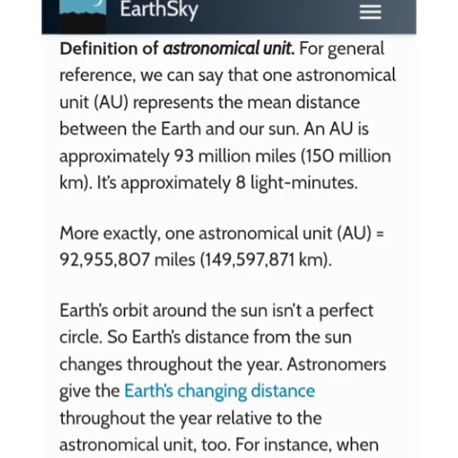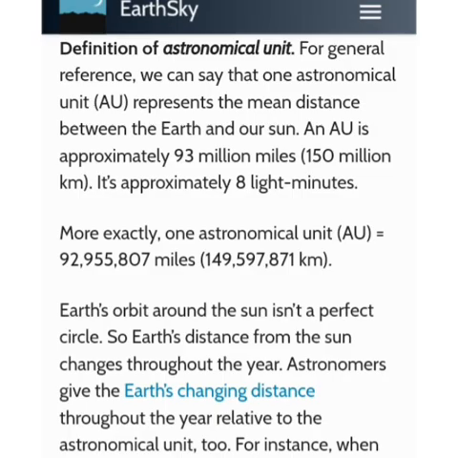So next we can study the larger unit, the astronomical unit. For example, the distance between the sun and the earth we can calculate. That is called 1 astronomical unit, around 93 million miles or 150 million kilometers. It is approximately 8 light minutes, 8 minutes for a light beam to travel between the sun and the earth.